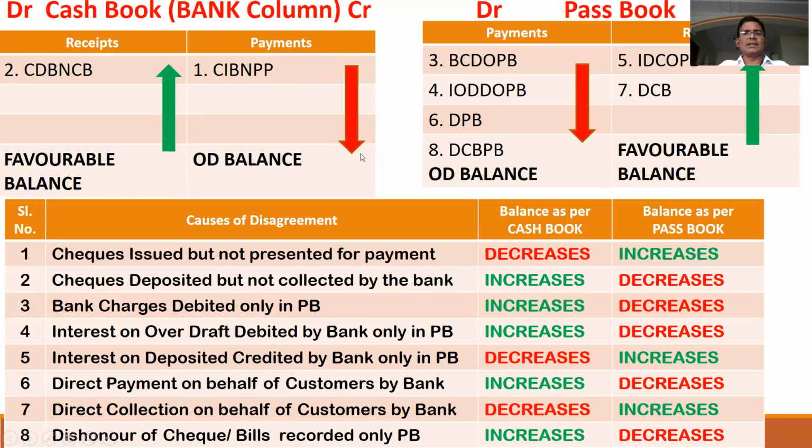So the cash book balance decreases, but it is not entered in the passbook because the person who took the check has not presented it for payment. Automatically the passbook balance is higher. Next, second point, checks deposited but not collected by the bank. Checks deposited means we received a check. For example, we have 20,000 in our bank account. We received a 10,000 check.